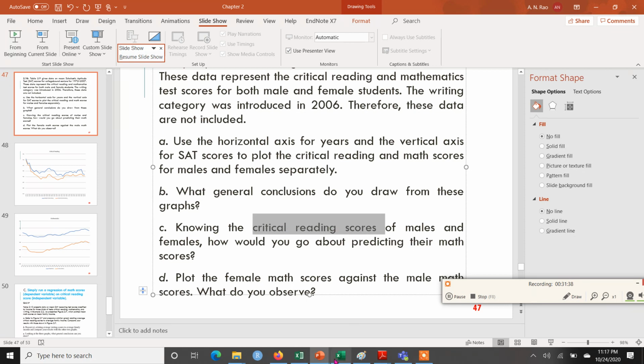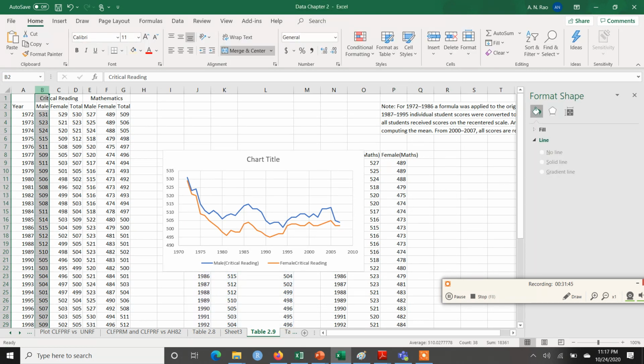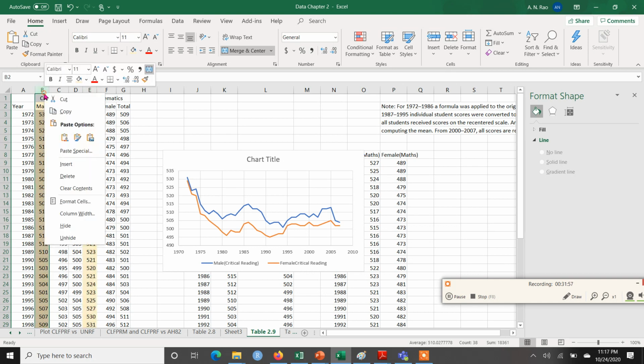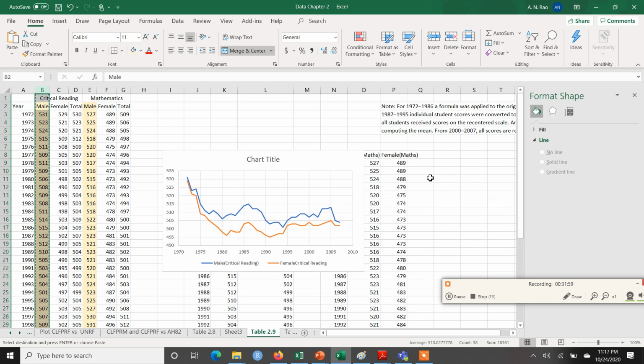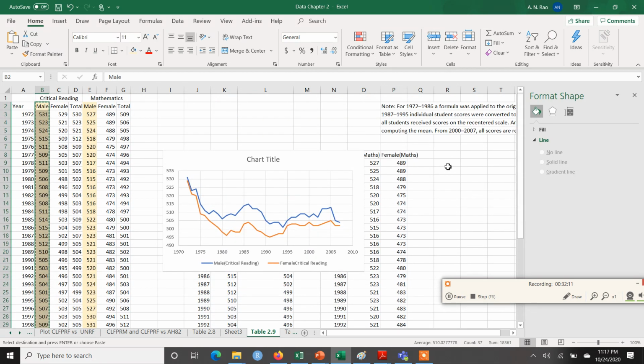So if I go back to the slide, for example, if I talk about critical reading score of male and then math score of male, we have to plot these two columns. So let me copy this one here.